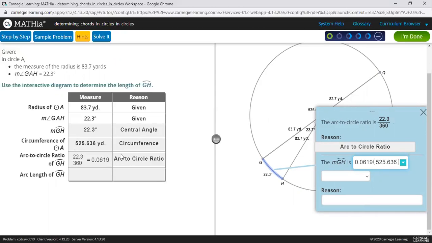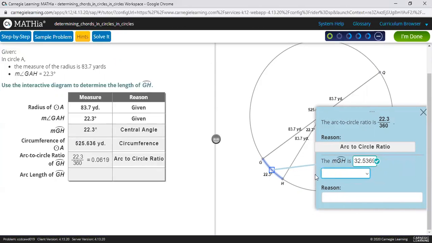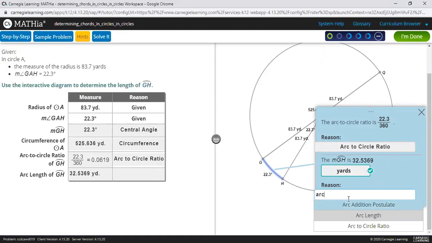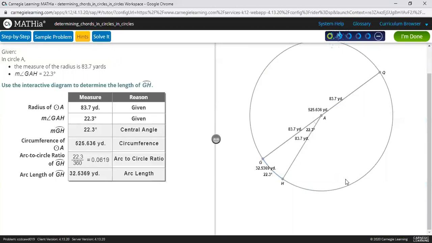The reason that's how you find arc length is that this is the fraction of the circle that the arc is, and I'm multiplying that by the circumference to find what length of that total circumference that fraction represents, and it's about 32.5 yards. And that is our arc length.